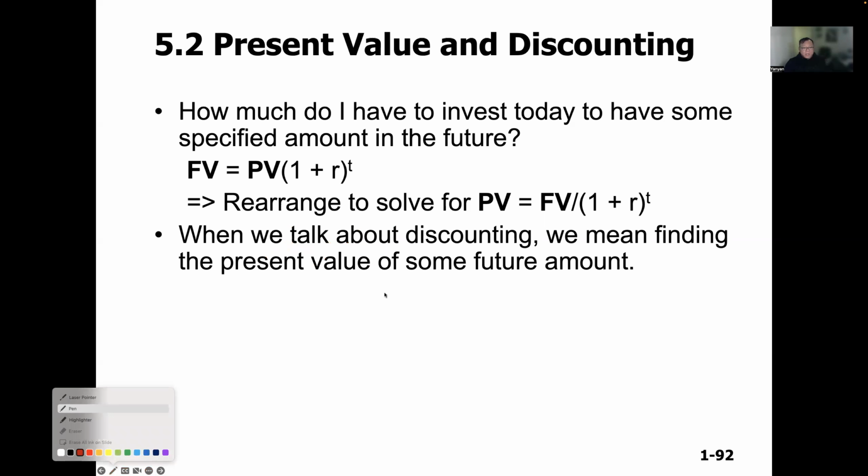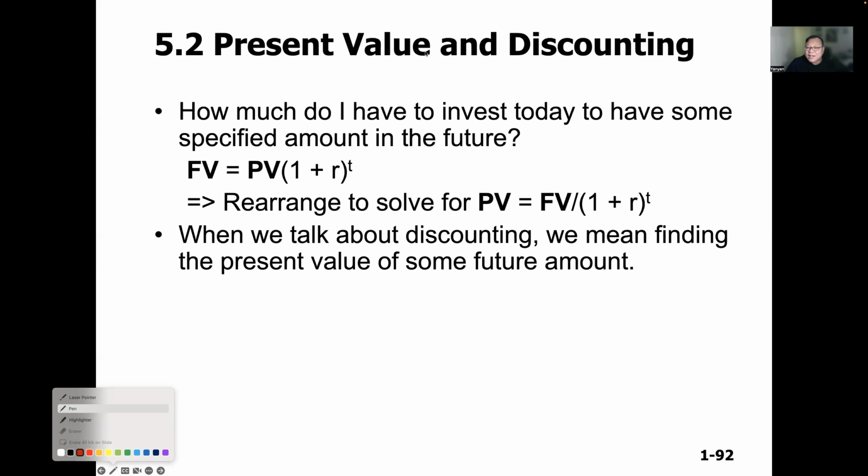Okay, so here, we talked about discounting together with present value. Why discounting? Because you know the future value, and the future value is more than present value. So from future value, if you want to calculate the present value, you have to discount the future value to get a smaller number, which is the present value.